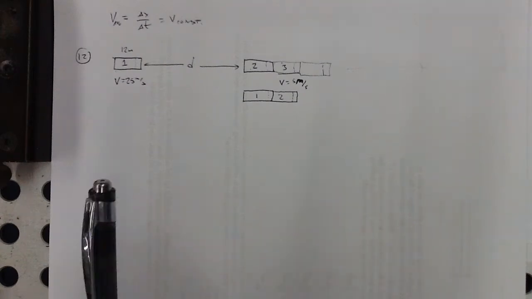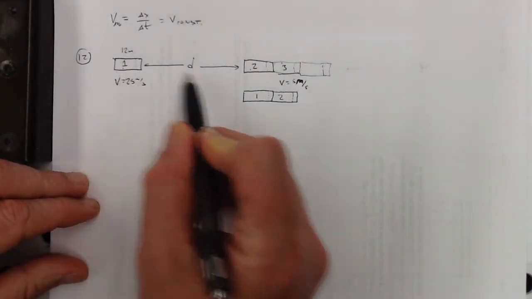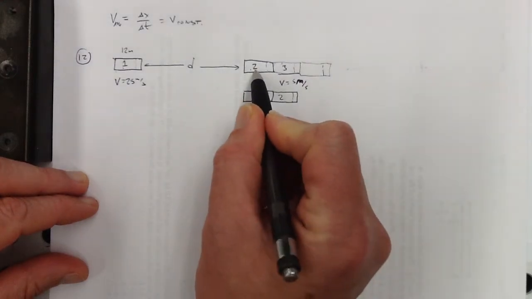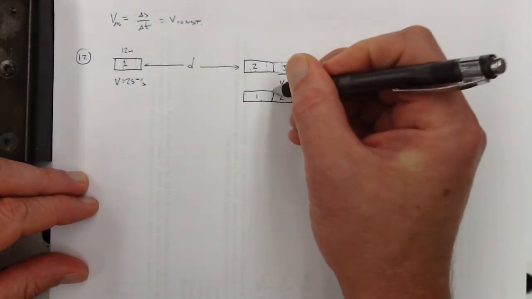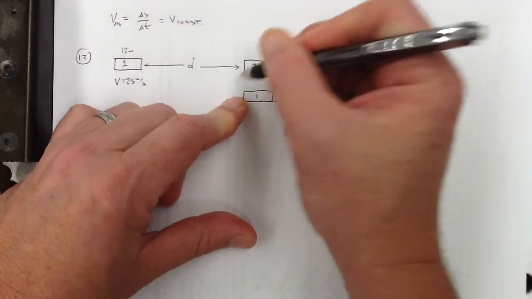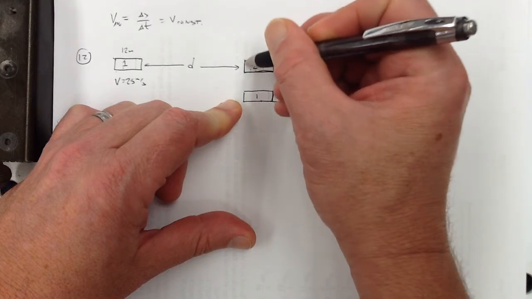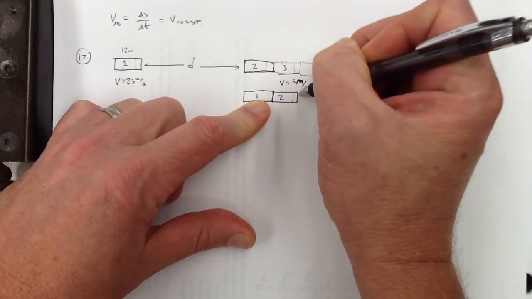And so that would mean that for car 1 to get from here to here would have to take the same amount of time as car 2 getting from here to here, right? Well, what are those distances? How far did car 2 go? Car 2 went exactly 1 car plus buffer length. It got to right here.